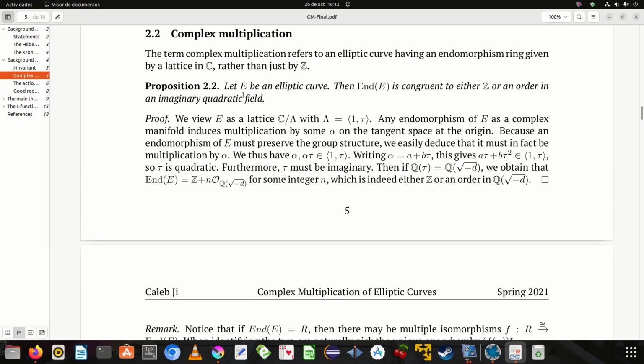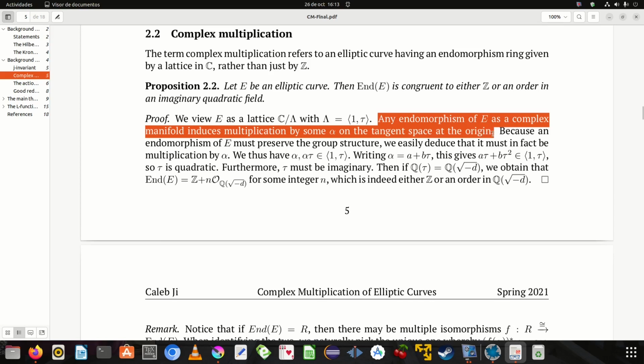You see, my problem was if we have complex multiplication on an elliptic curve, does it come from a complex multiplication of the lattice? That was far from clear to me. And this is the key point I don't get.